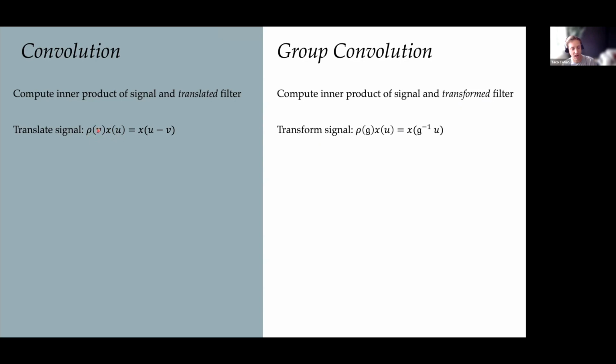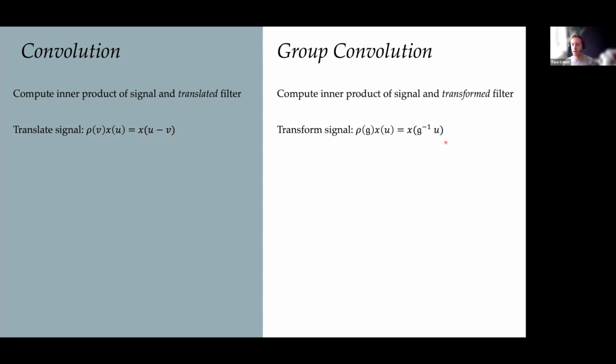Then we have a translation v, and this translation acts on the signal via the representation rho. And if you recall from the third lecture, the way that works is that the v-translated version of the signal x, indexed at u, is equal to x, the original signal, indexed at u minus v.